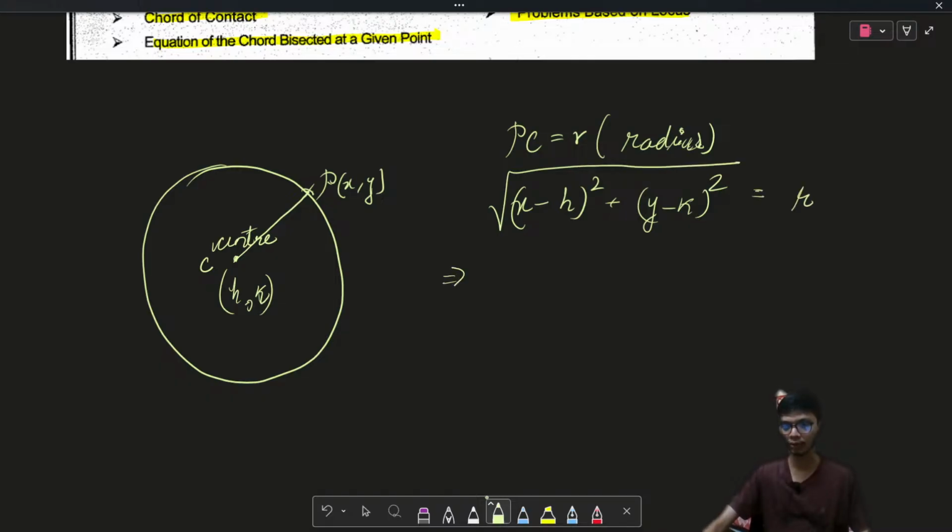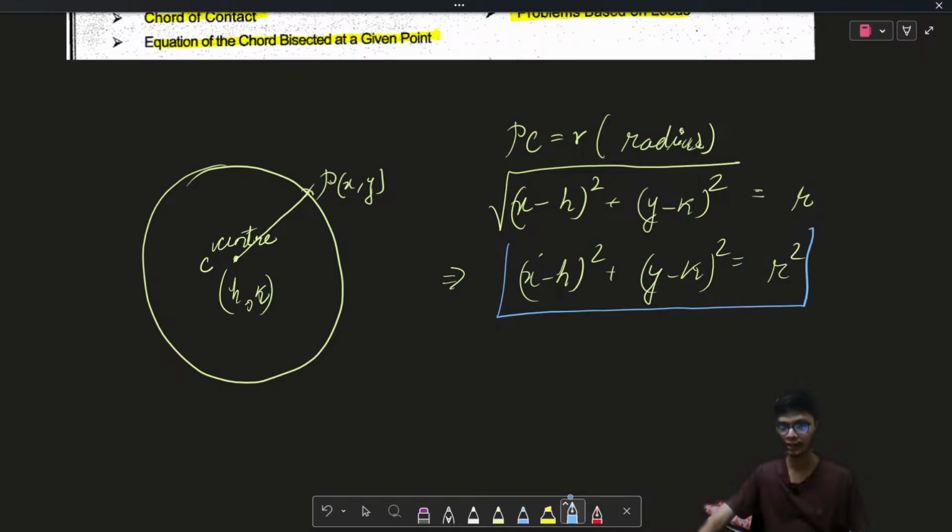Now if I take the square on both sides, I am going to obtain a relation which is (x minus h) whole square plus (y minus k) whole square equals r square.